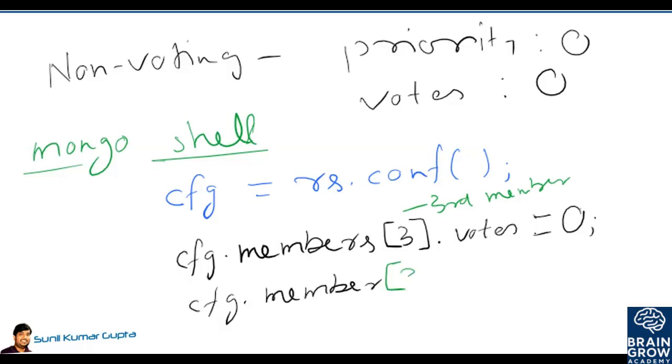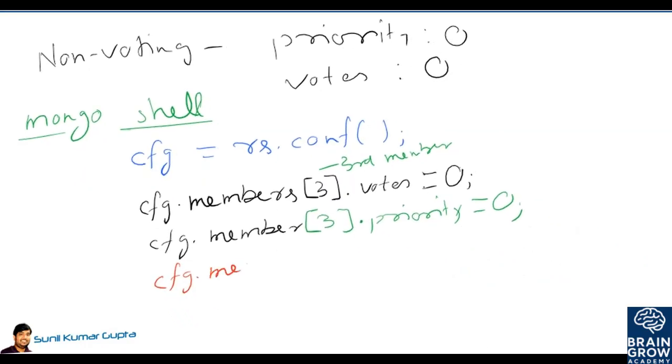Similarly for the third member we can write the priority also: 0 if it is non-voting, and for voting you can give 1. In the same way we can write the configuration for others as well.